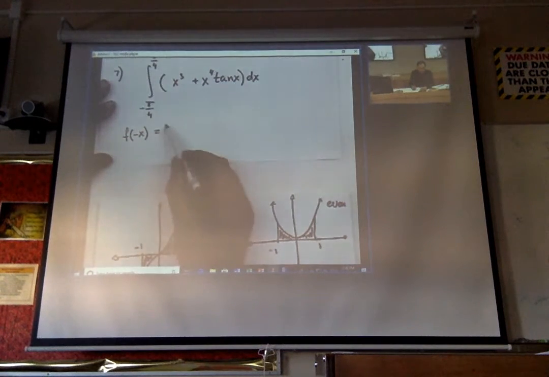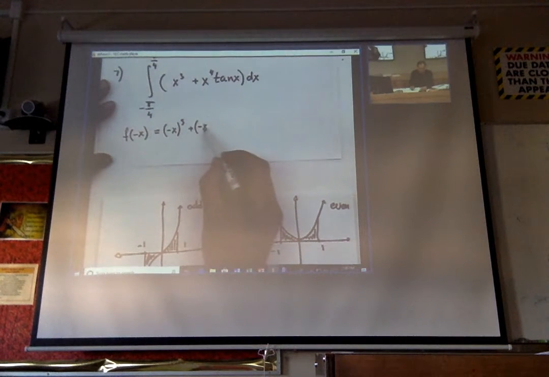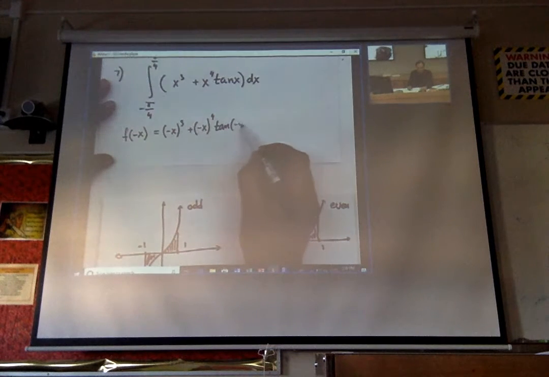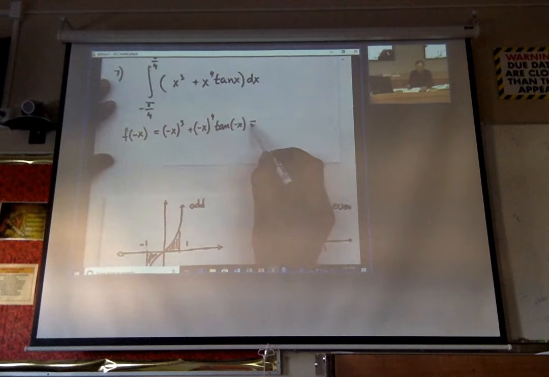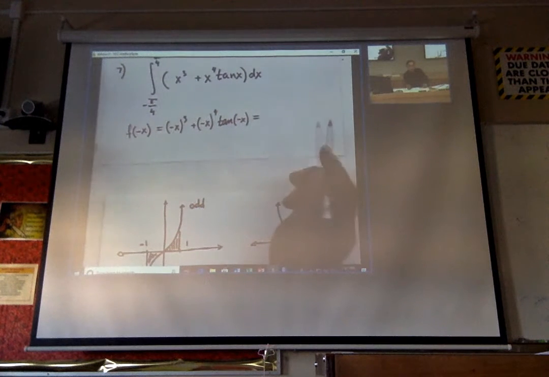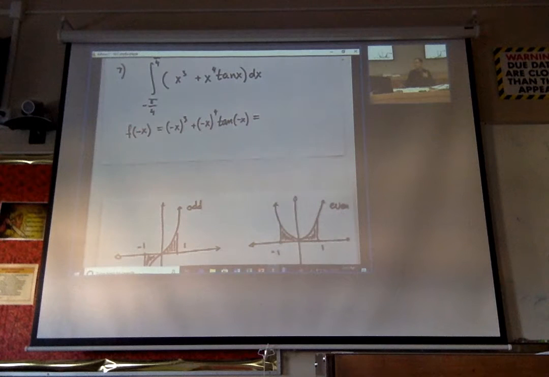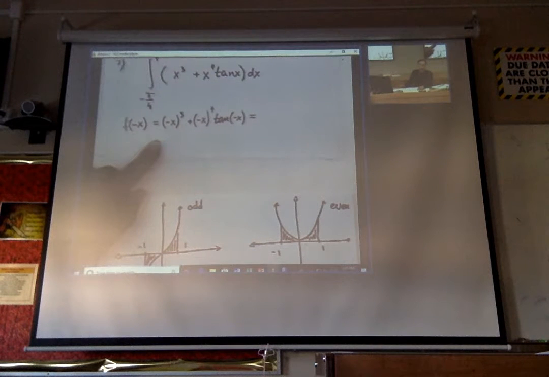So I have negative x cubed plus negative x to the 4th, then tangent of negative x. And if you look at your calculator and your calculator said 0 and you're saying, oh, I'm guessing this is an odd function, you actually have to do this to prove that the function is odd.